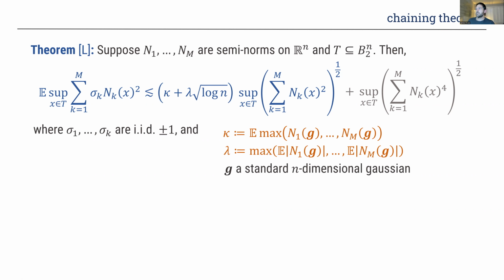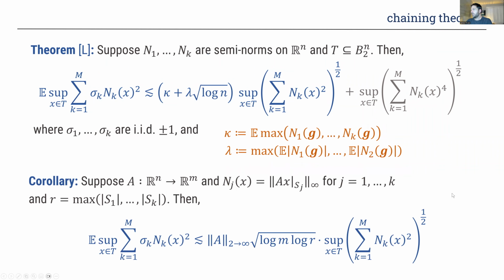And then the special case of hypergraphs is given by this special case of the theorem. Suppose that there's a linear transformation mapping n-dimensional vectors to m-dimensional vectors, and each of our norms is an L infinity norm on a subset of the vertices.